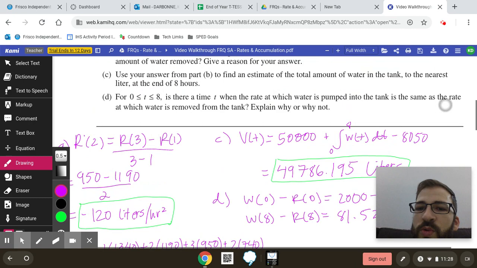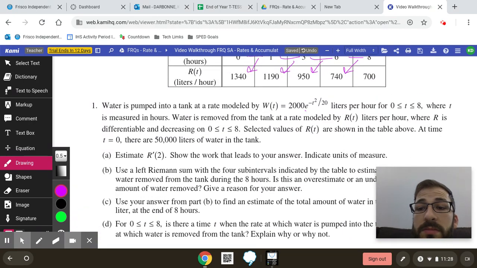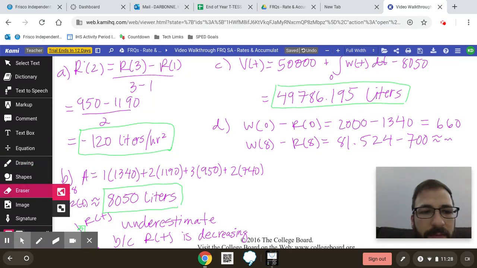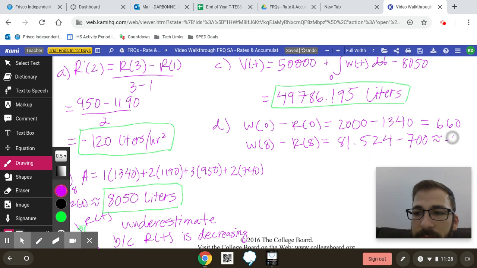And then I am subtracting 700, which I don't really need to know exactly what that is, but it's about negative 620. We can be rough because it doesn't have to be perfect.